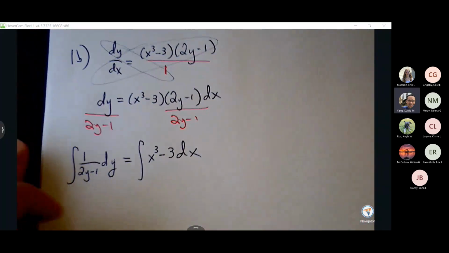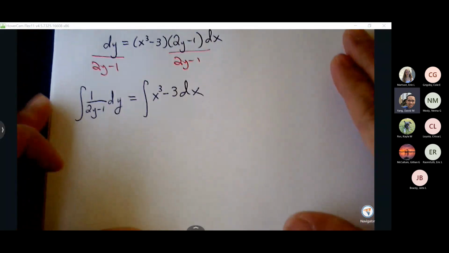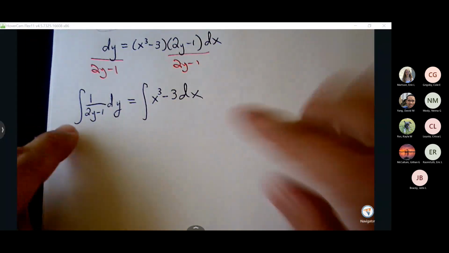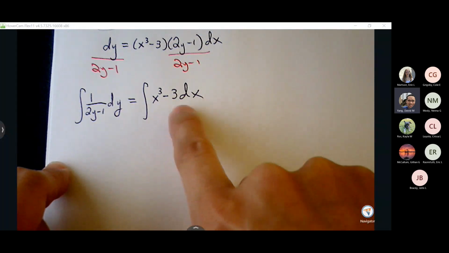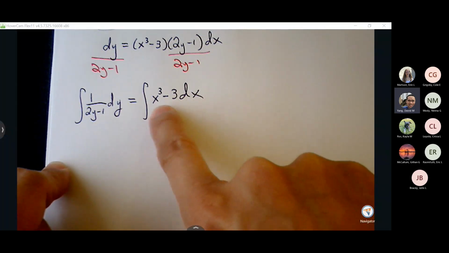Okay, so now that the variables are separated, I can drop those parentheses if I wanted to. Left side, I'm going to go through a little bit of u-substitution. The right side, these are separate terms. These are nicely both set up for power rule.